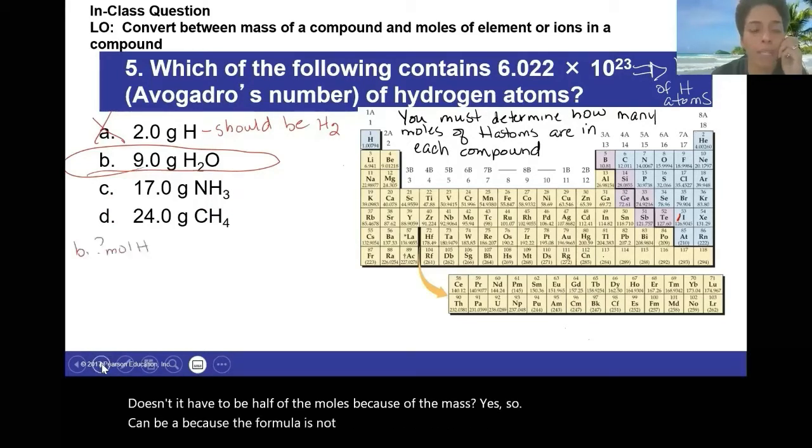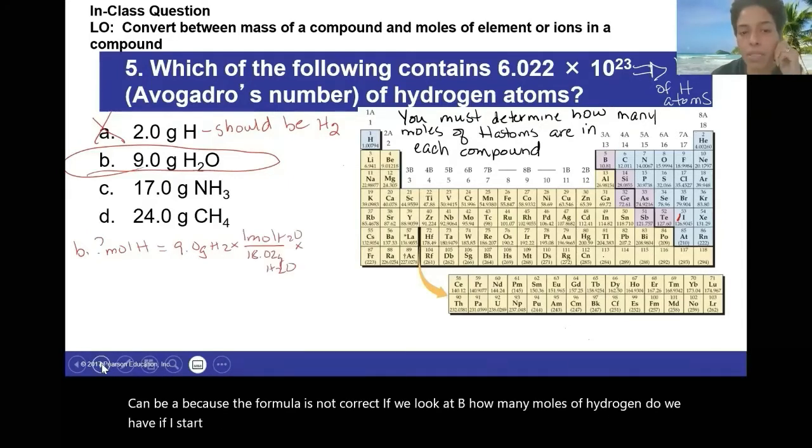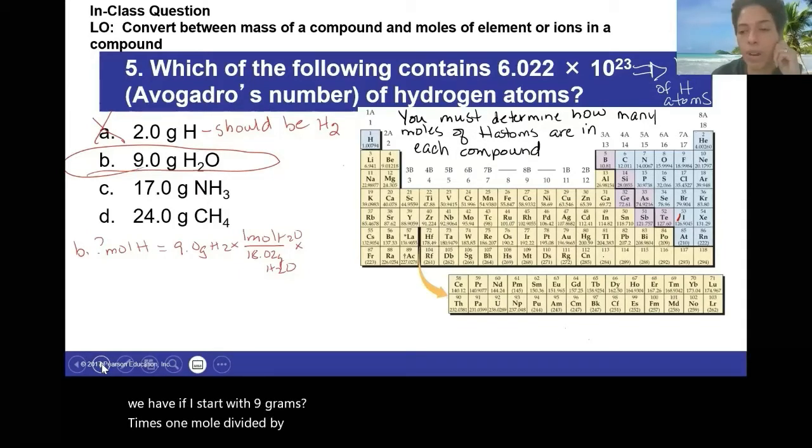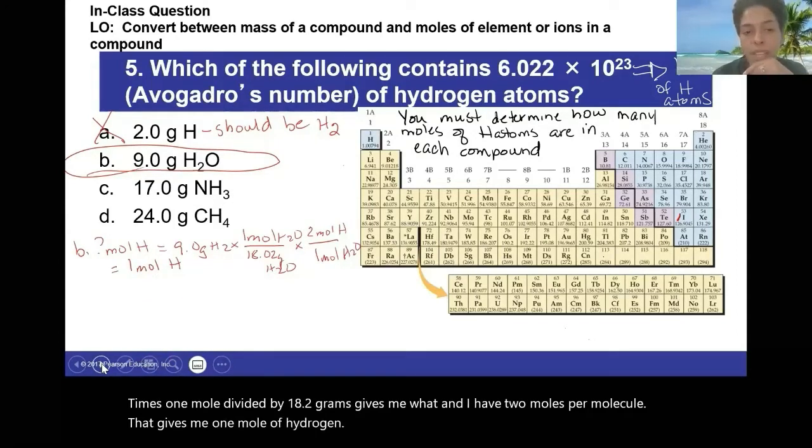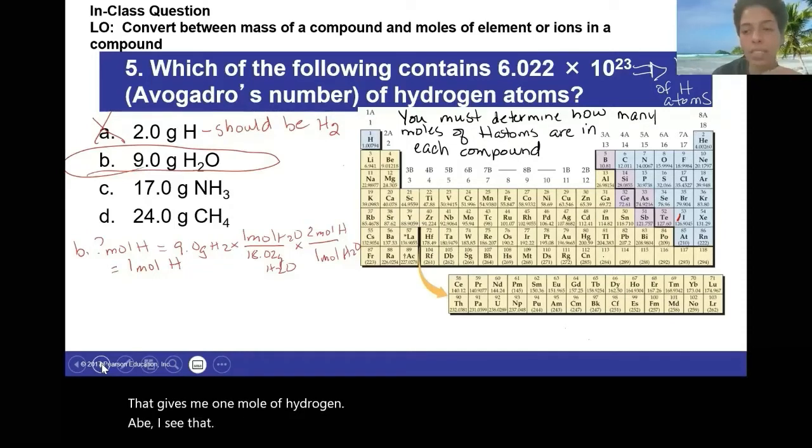If we look at B, how many moles of hydrogen do we have? If I start with 9 grams times 1 mole divided by 18.02 grams gives me what? And I have 2 moles per molecule. That gives me 1 mole of hydrogen. Everybody see that? 9 divided by 18 is a half, times 2 gives me 1.